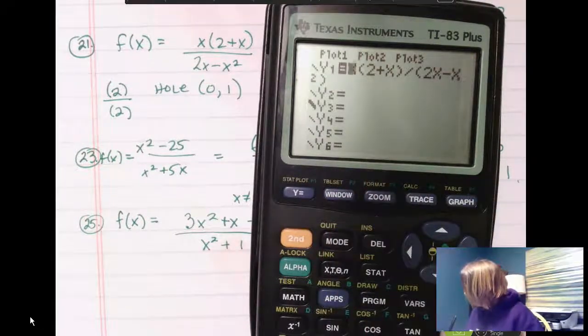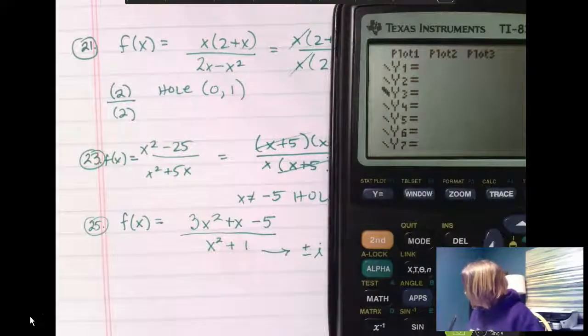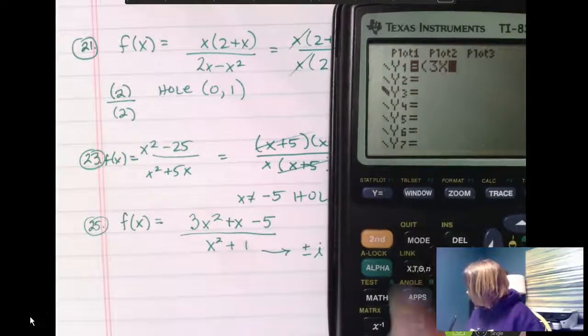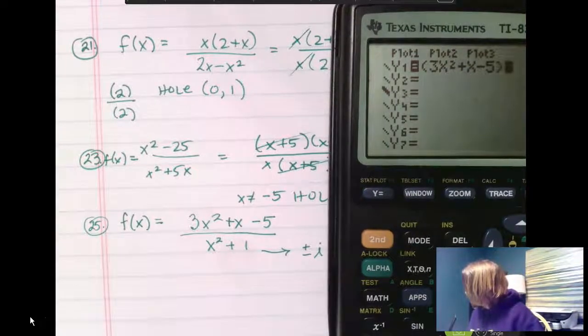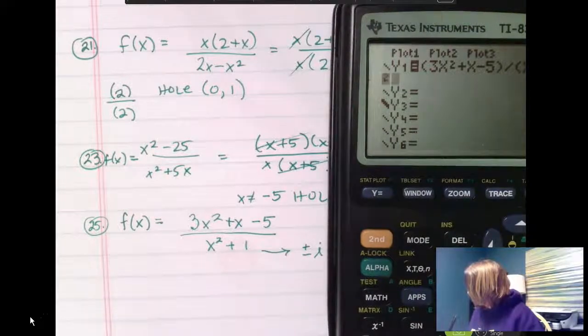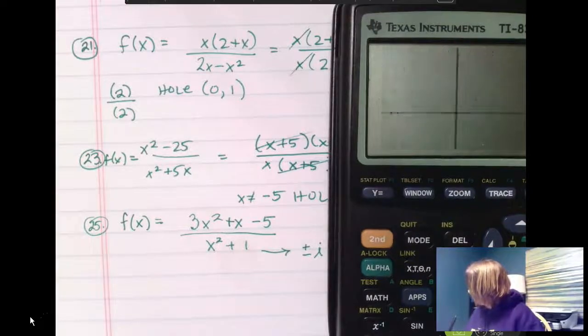Y equals, and let's clear off our other function. So we'll start with 3x squared plus x minus 5, parenthesis, divided by parenthesis, x squared plus 1, and graph.